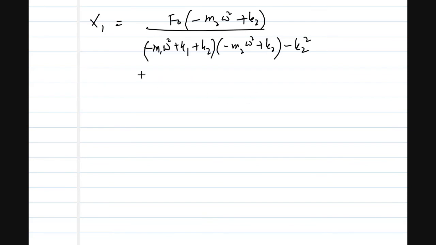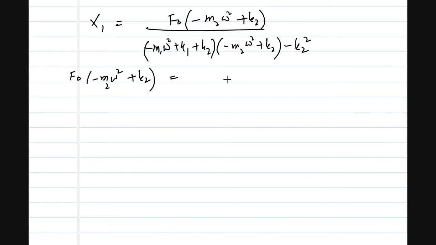If I take this common, and simplify the above and below terms, f naught into minus m2 omega square plus k2.